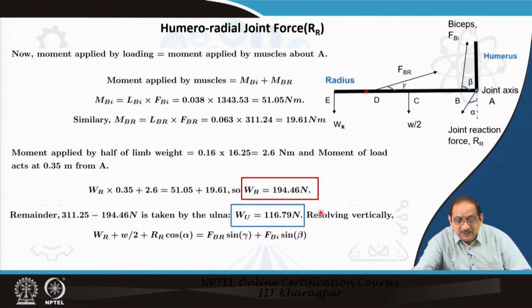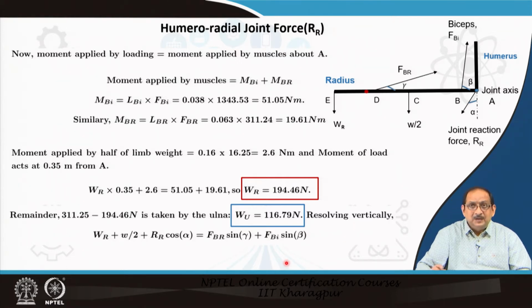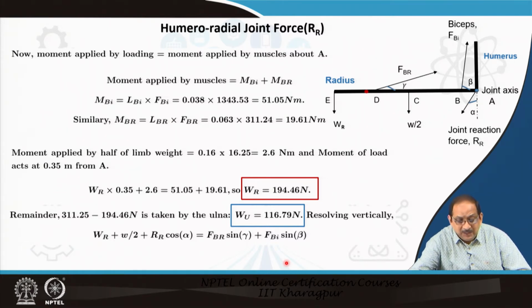So, now we proceed with this calculated data of the weight carried by the radius bone, and we resolve the system of forces along the vertical direction, and we can write down the equation based on the laws of equilibrium, summation of the forces along the vertical direction.